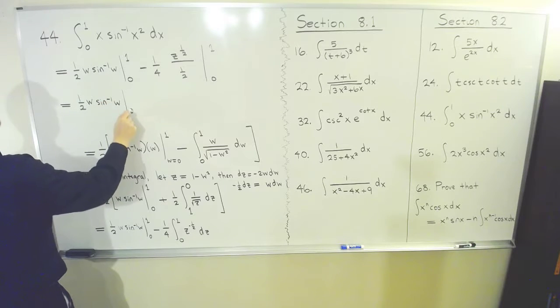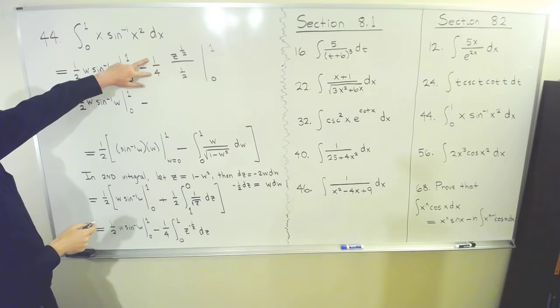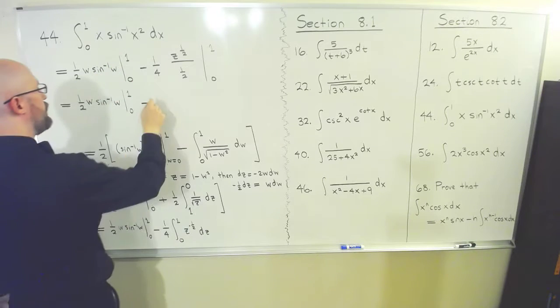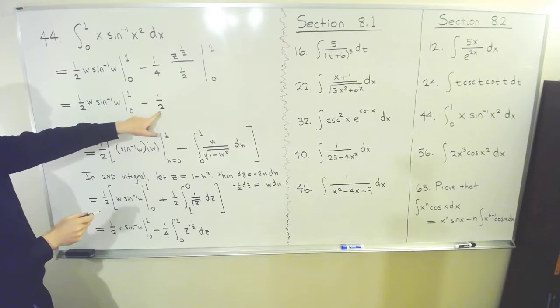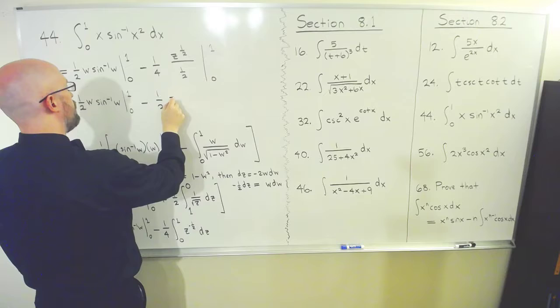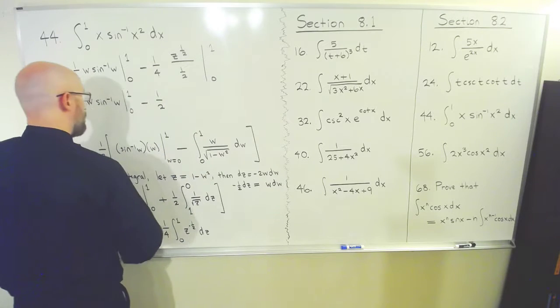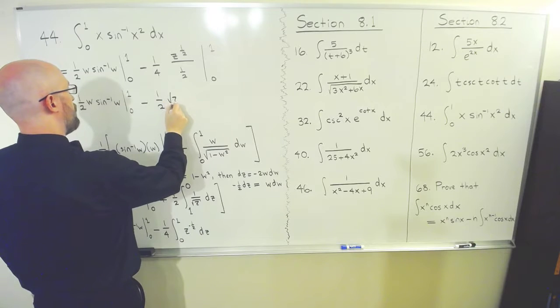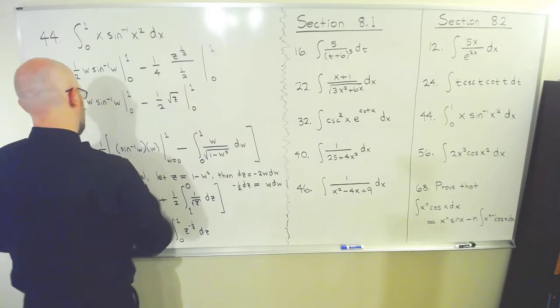Inverse sine w 0 to 1 minus. Now here I have a 1/4 in the numerator, a 1/2 in the denominator, so this will conspire to give me a 1/2 here, and then this will be z to the 1/2, or if I like, I could write square root of z, and that goes from 0 to 1.